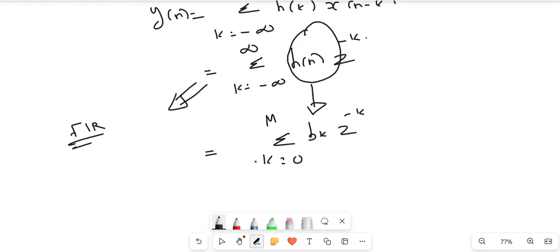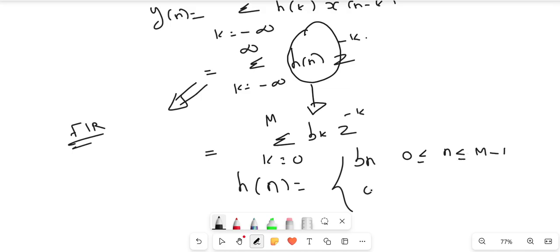So you can correlate this equation with the general convolution formula, bk into z power minus k, where h of n is equal to bn, the coefficients bn, for n greater than or equal to 0 and less than or equal to m minus 1, and 0 otherwise.